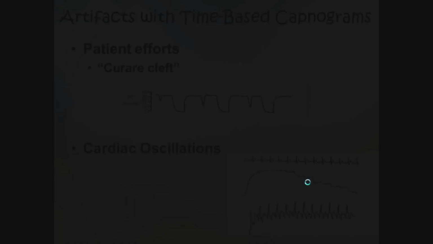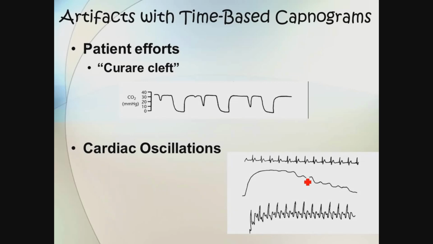Some other little weirdnesses that are there. There's something called the curare cleft, where you're seeing little triggers happening in the midst of the breath. And this is basically an example of patient's efforts, specifically somebody who was previously paralyzed but is now coming up out of the paralytic.